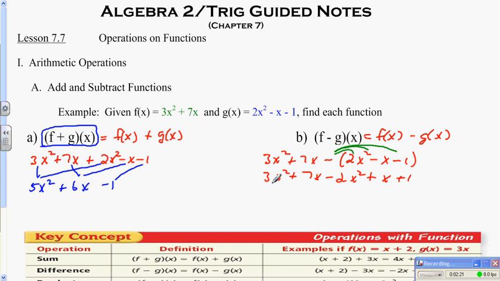And then from there we will combine like terms. So now it is 3x squared minus 2x squared, so 1x squared. 7x plus x, so 8x plus 1. So again, things we've done in the past, but it's the new notation that we're looking for and trying to get comfortable with.